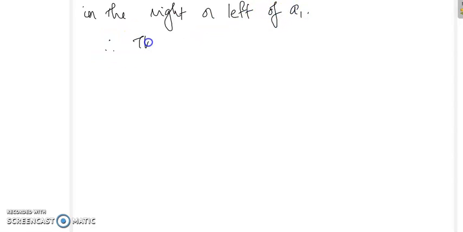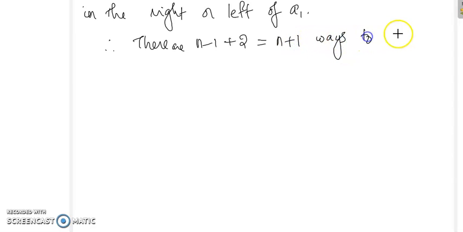So there are total, n minus 1 plus you can either put it on the right side or left side. So there are n plus 1 ways to do this.